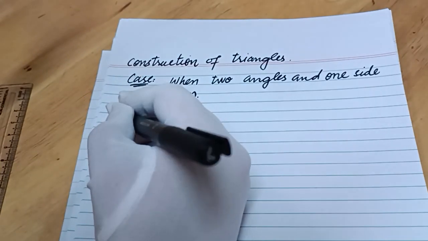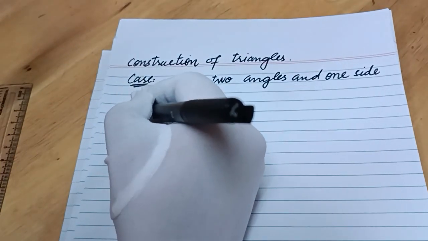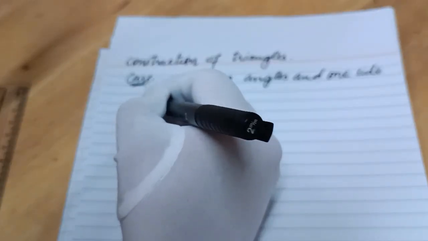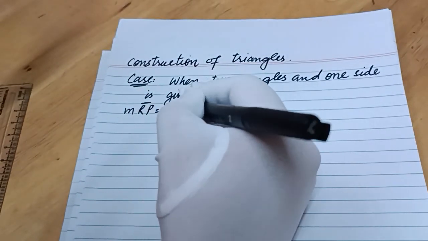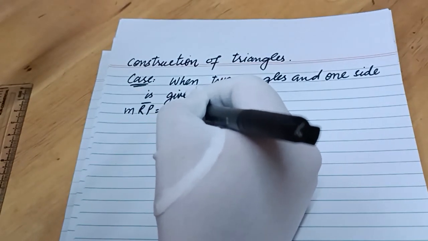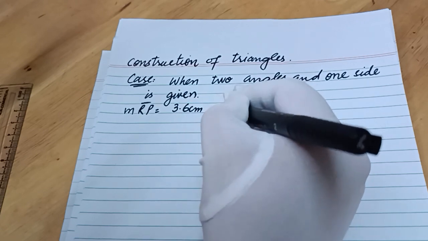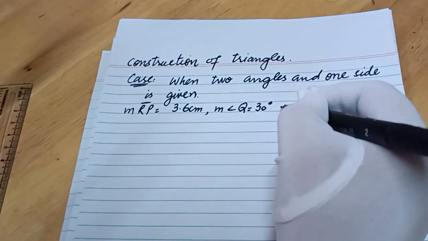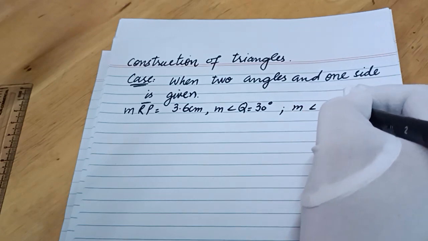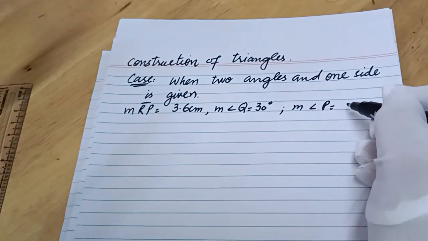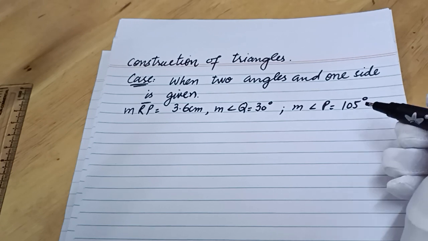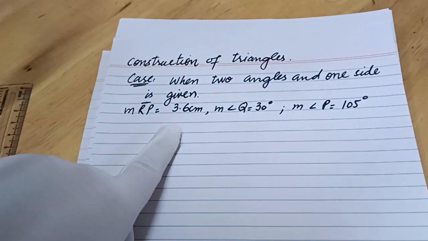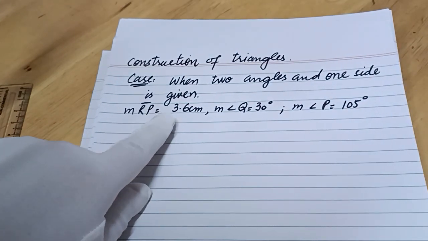So let's take an example. Okay, measurement RP is given as 3.6 centimeter, and measurement angle Q is equals to 30 degree, and measurement angle P is given as 105 degree. So only one side is given, so obviously we will draw the same side.